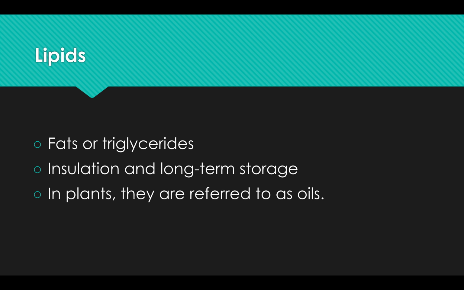So we use lipids for insulation. Think about the fat cells on your body. And we use it for long-term energy storage. Your body stores up the excess food that we eat in fat cells, and so we can use it later and it can keep us warm. In plants, they're also referred to as oils.